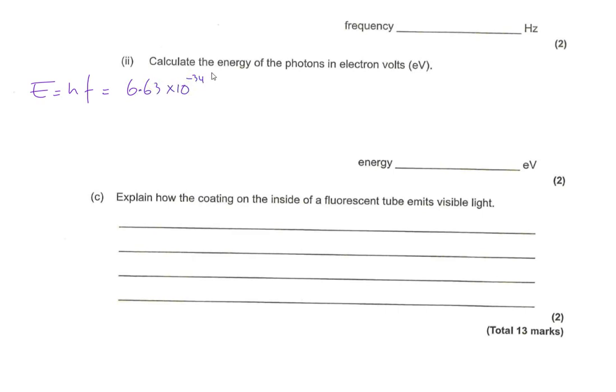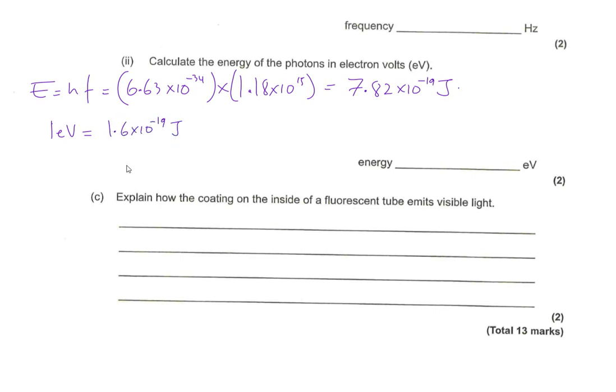Now electron volts again, so energy is equal to HF. Put the numbers in, multiply by the frequency that will be calculated already, and this will give me an answer in joules. Now we need to convert this into EV. What we know is that 1 EV is equal to 1.6 power minus 19 joules.